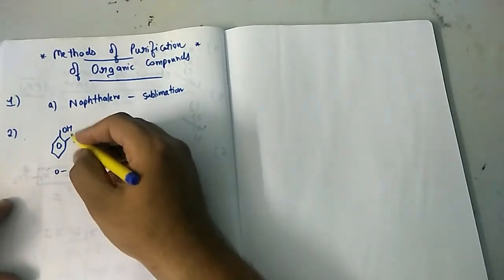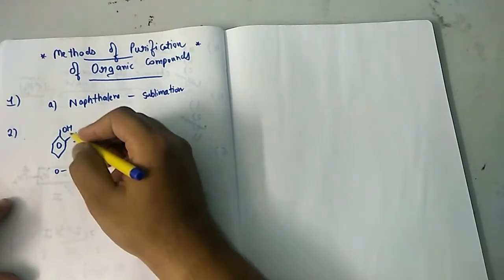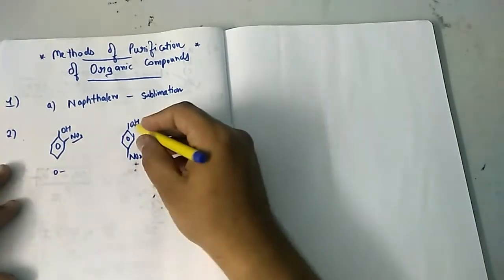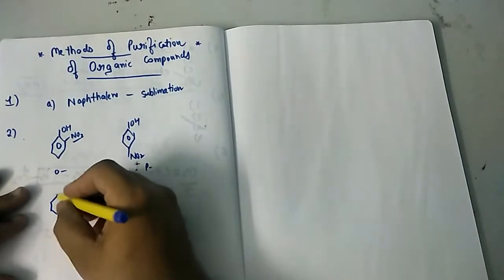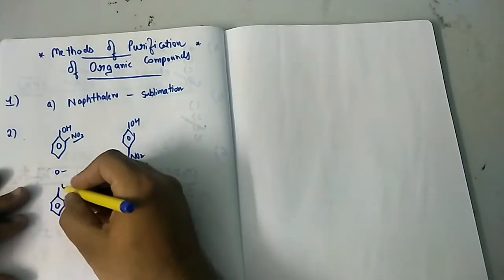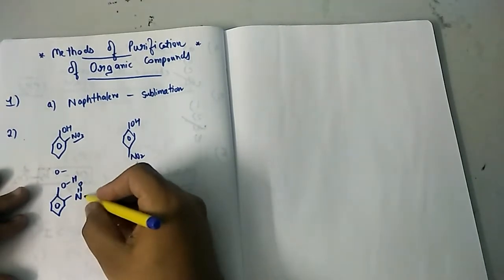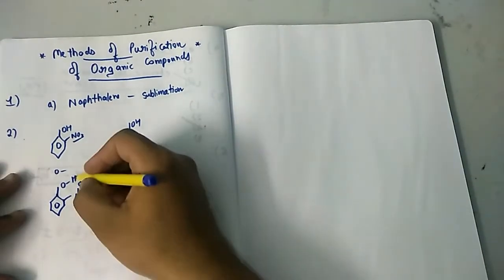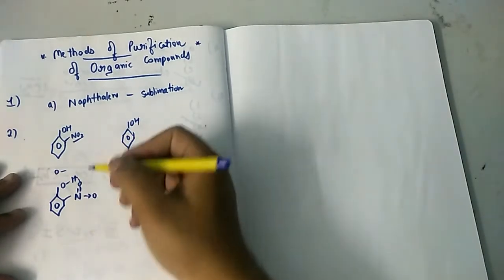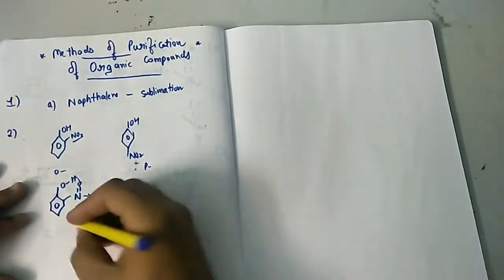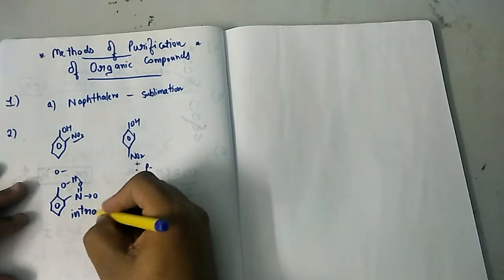Now here intramolecular hydrogen bonding takes place, and here intermolecular. How? In the first one is OH, and this is the structure, and this hydrogen bonding takes place. This is called intra hydrogen bonding.